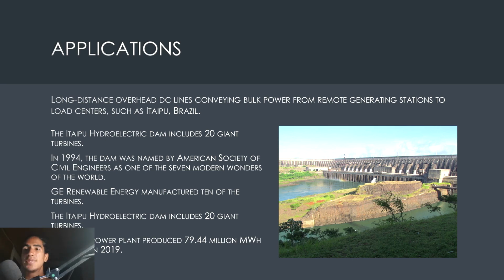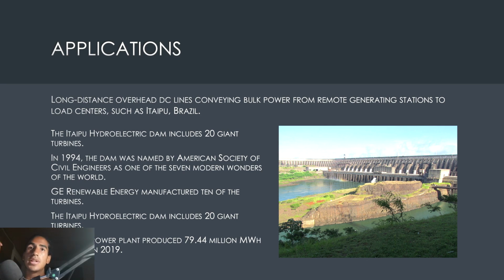As well, some applications that the paper talks about. Long distance overhead DC lines conveying bulk power from remote generating stations to load centers, such as in Itaipu, Brazil. The dam includes 20 giant turbines. In 1994, the dam was named by the American Society of Civil Engineers as one of the seven modern wonders of the world.